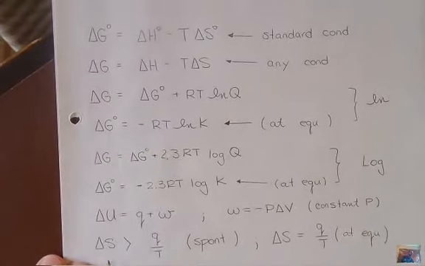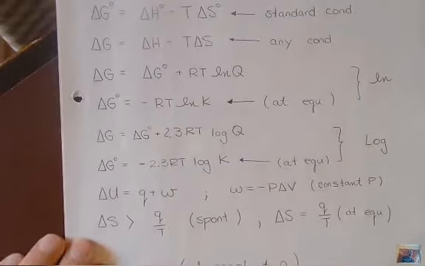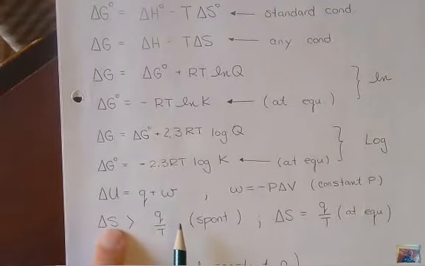Okay, here's two neat things. The delta S of the universe in all spontaneous reactions is greater than Q over T. So the heat of the reaction in any spontaneous reaction divided by the temperature in Kelvin at which it happened will give you the change in entropy for that system, okay, for that system.